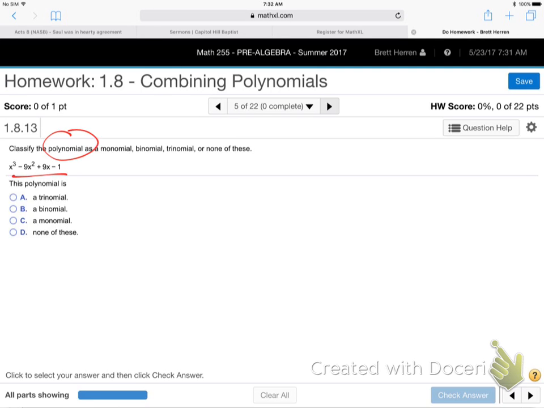Polynomial. Poly means many when it's in front of a word. So that means many terms. So all of these are polynomials. One term monomial, two terms binomial, three trinomial. Four, I don't know. If you have Google, you could type in, what is a four-term polynomial called? I'm sure there's some name. But we're not going to be testing it. We would just choose none of these because it's not a monomial, binomial, or trinomial.